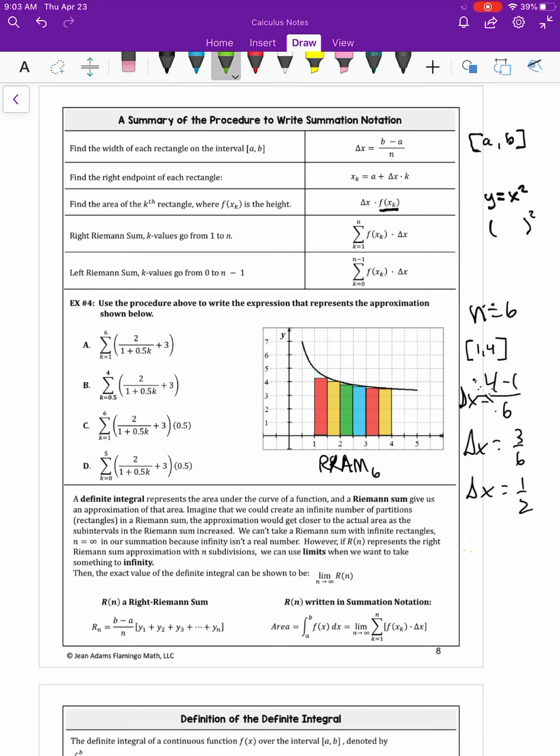So this is an R 6, right? Because they're using the right hand Riemann sum. It's a decreasing function, so it's an underestimate. And I'll erase that just so you can see it better. And so now, what would our x sub k look like?